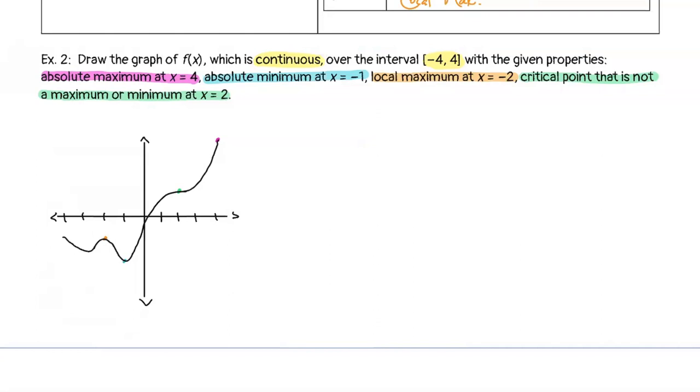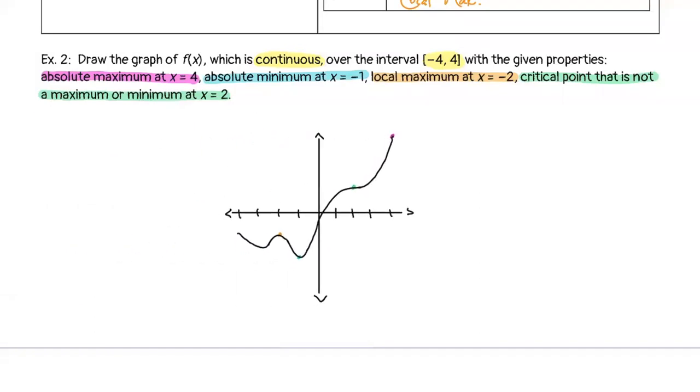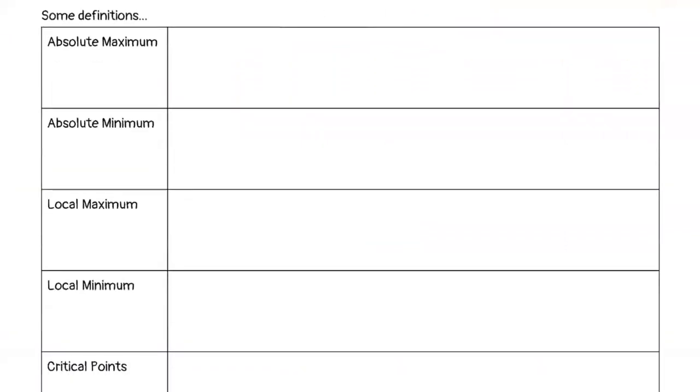If you're able to construct things based on the vocabulary, then you're able to show a deeper understanding of that vocabulary, all right? So let's leave this here, and then let's go on to write down some definitions, all right?